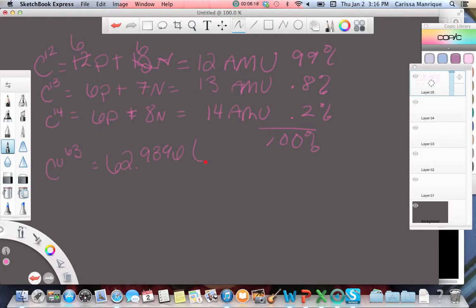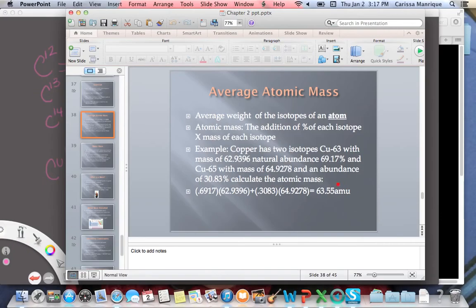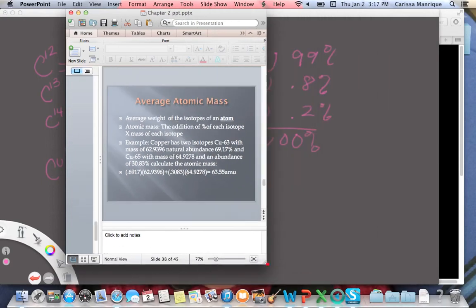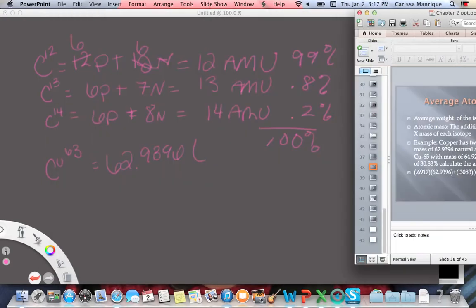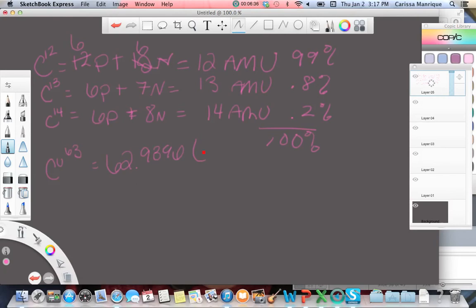Its percent abundance is 69.17. So instead of writing it as a percent, I'm going to write it as a decimal, 0.6917. That's just dividing by 100.